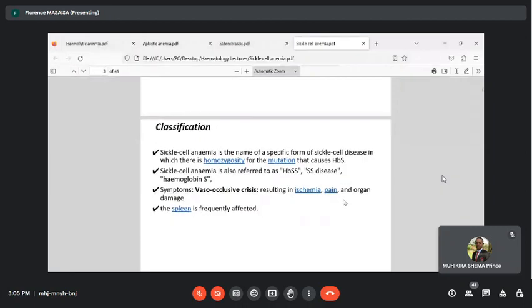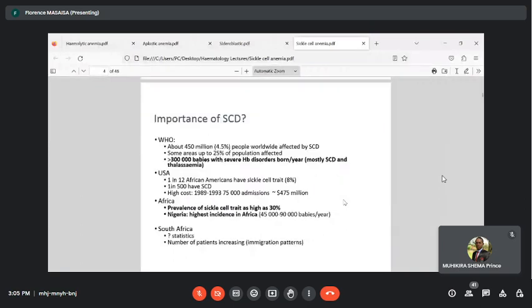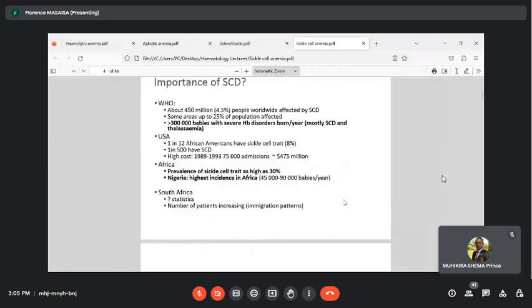The spleen may also be affected. So, according to WHO, sickle cell prevalence is somehow high. It is 2.5% worldwide. Then some areas are affected by even up to 25%.